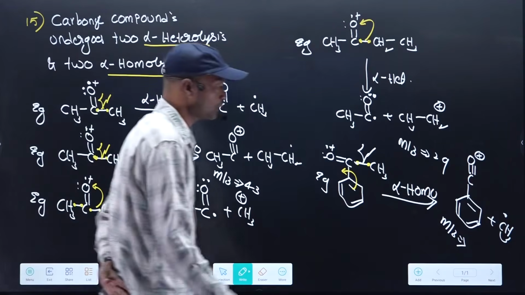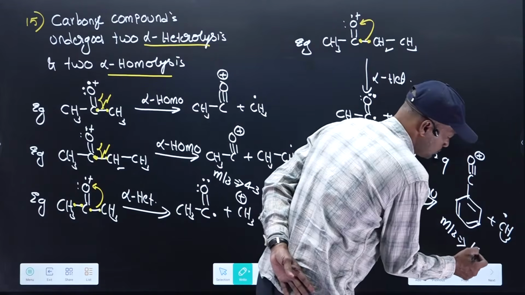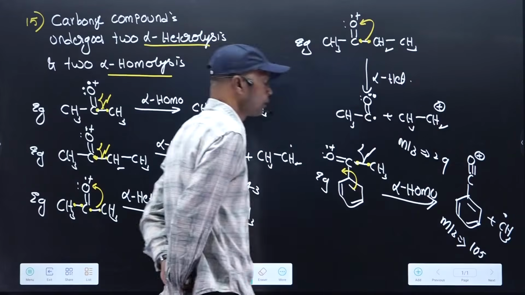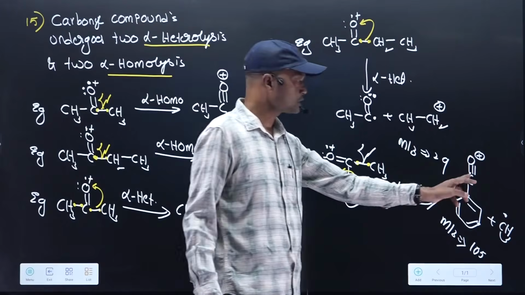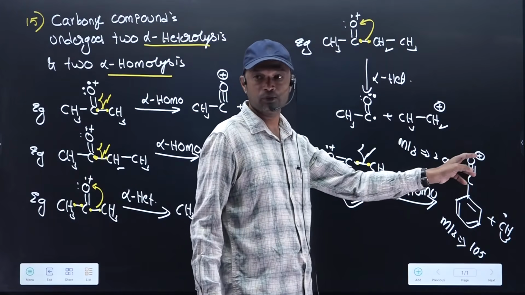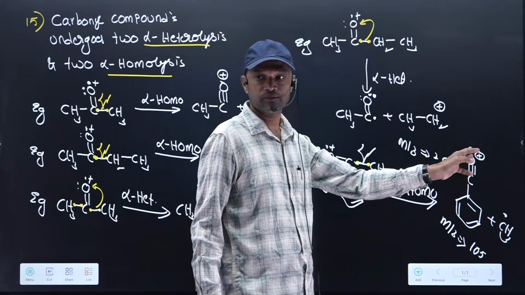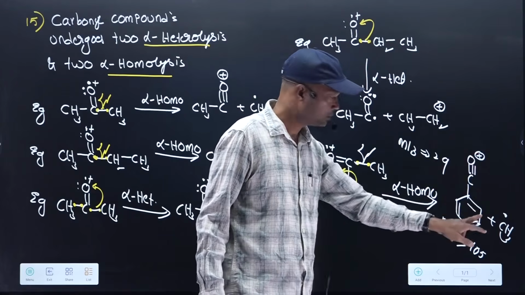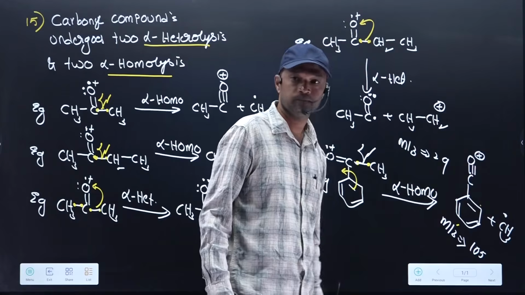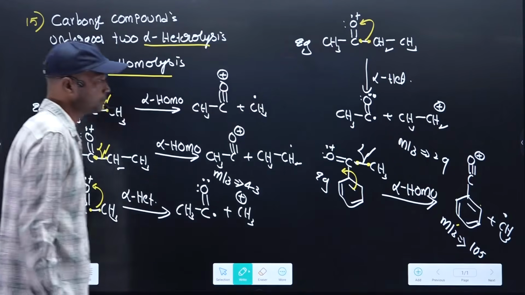Yeah, 105, not 102, 105. Total how many carbons? 6, 7, 8 will be there. 8 into 12 is 96. 96 plus 5 hydrogens: 1, 2, 3, 4, 5. 5 hydrogens are there.